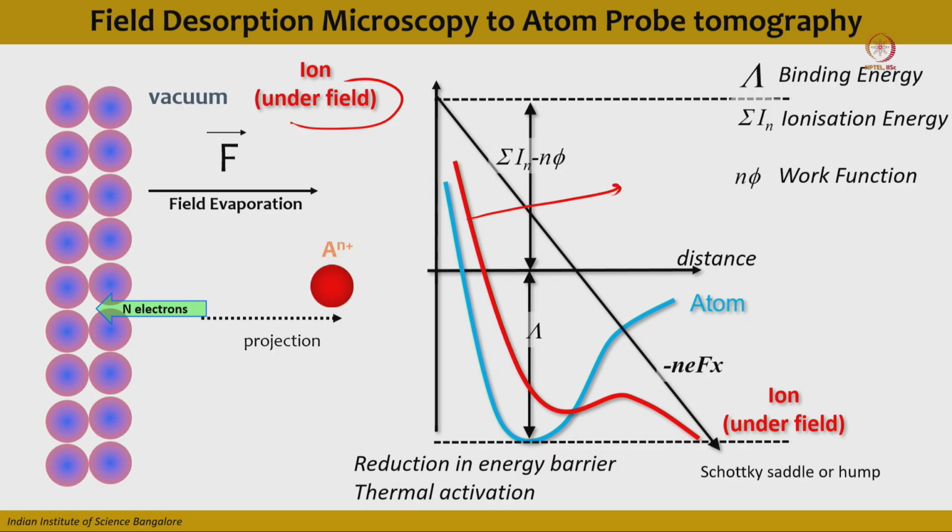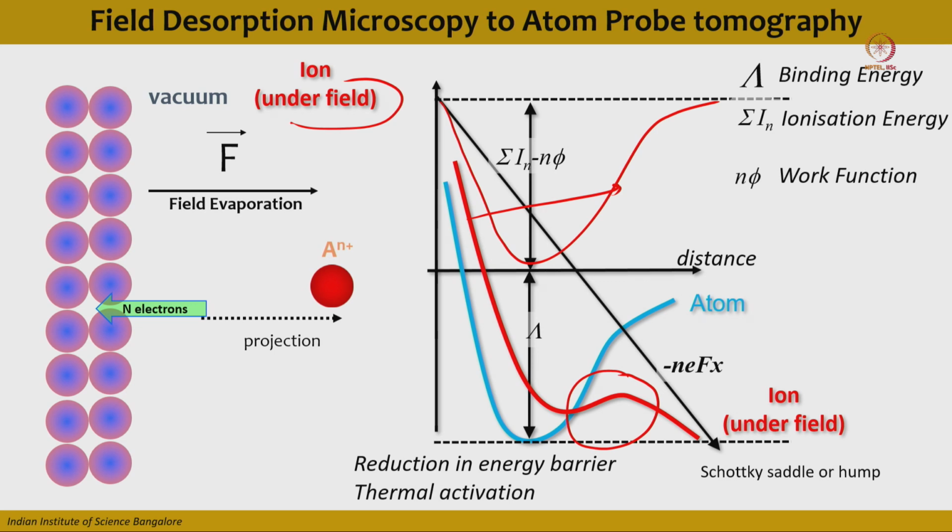Previously the potential energy curve was like this; now on application of the field, it gets distorted, and it will develop an energy barrier, which is nothing but a hump, or Schottky hump, or Schottky barrier.